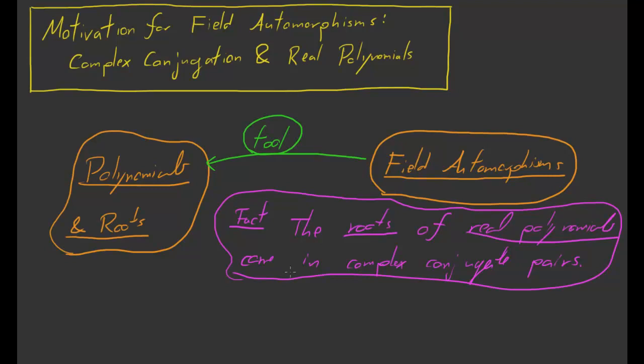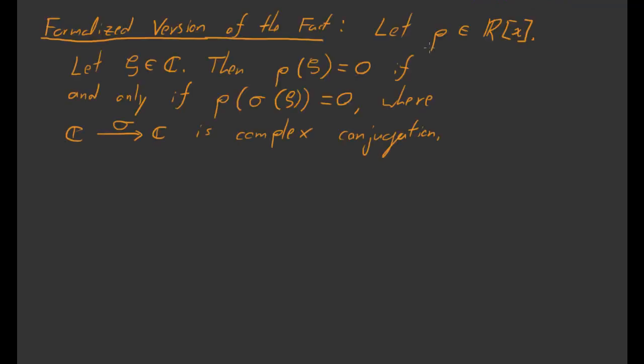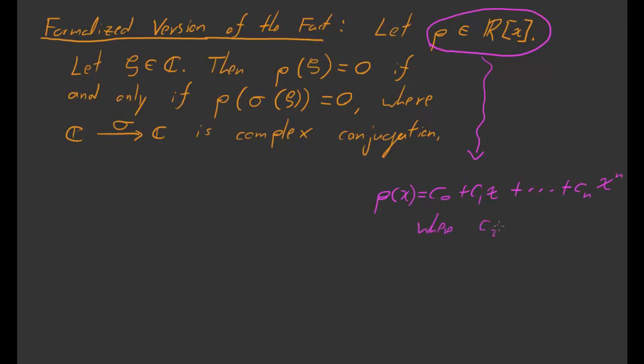So let me first formalize this fact, and we'll formalize it as follows. Let's let P be a real polynomial. That's what this notation means. And saying that P is a real polynomial, all that means is that we can write P of x is equal to C0 plus C1x plus ... plus Cn x^n, where Ci is a real number for all i.